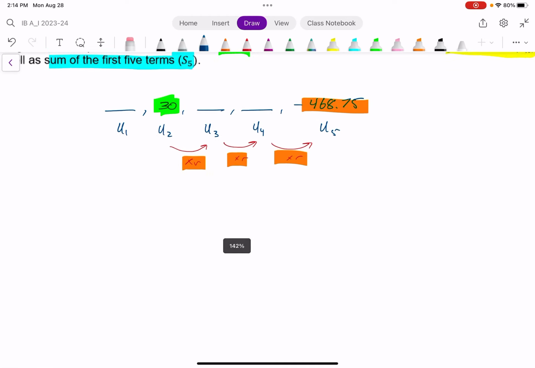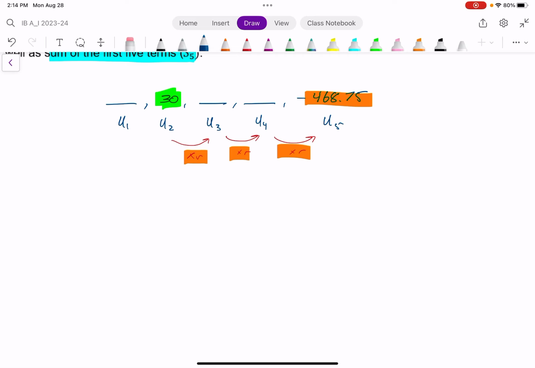So I can make that a bit more explicit and literally write down, if I take 30 and multiply by r 3 times, not 3r, r to the power of 3, I know I'm going to get negative 468.75.